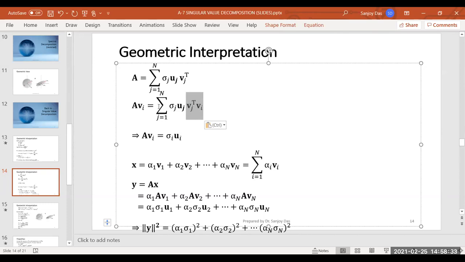So in other words, all terms except the ith term of the summation will become equal to 0. And the ith term will be equal to sigma_i v_i. I'm just undoing everything.